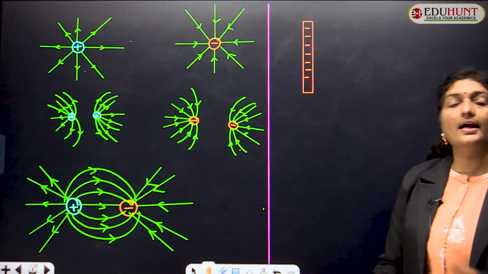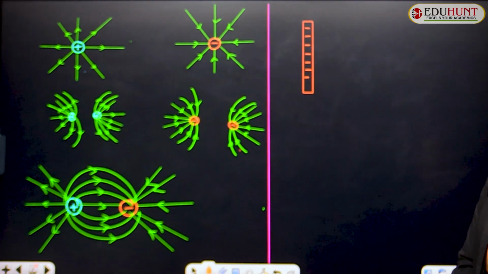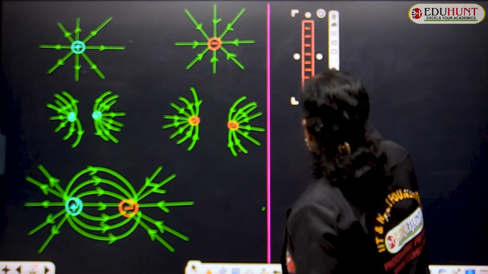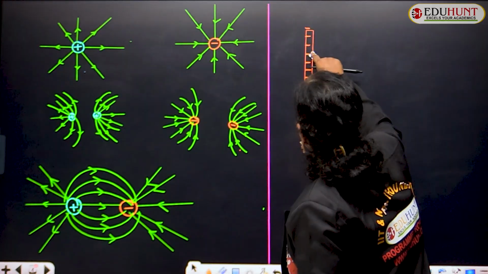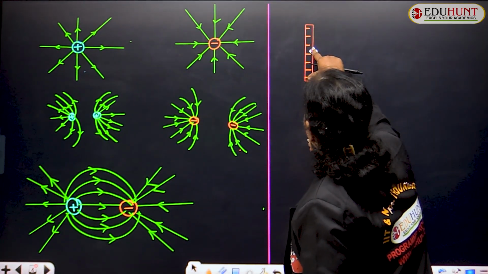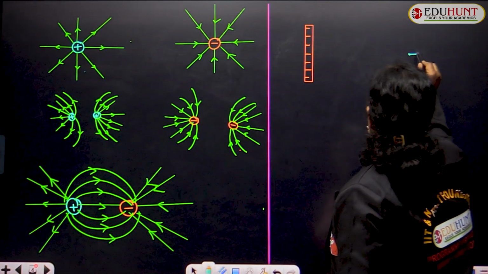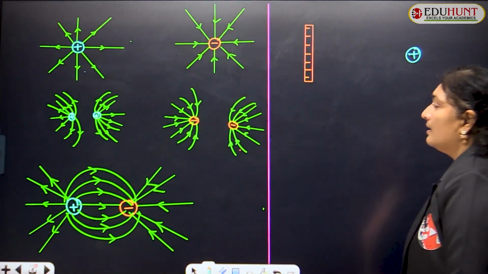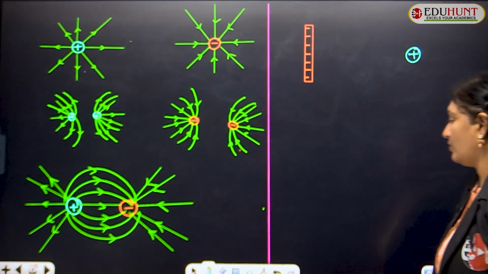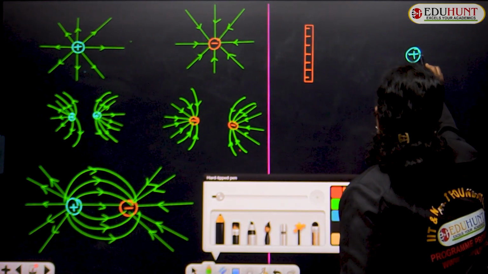The same case, what if a straight conductor is taken? Here I am taking a negatively charged straight conductor and one more positive charge I am considering. This will be some positive charge. Let us look into how the shape takes form. Very clearly the lines will be here.